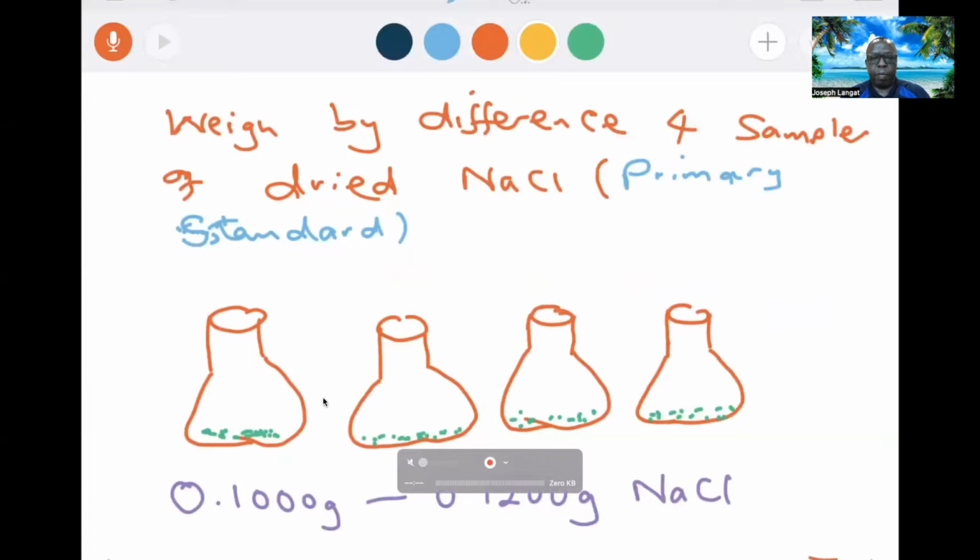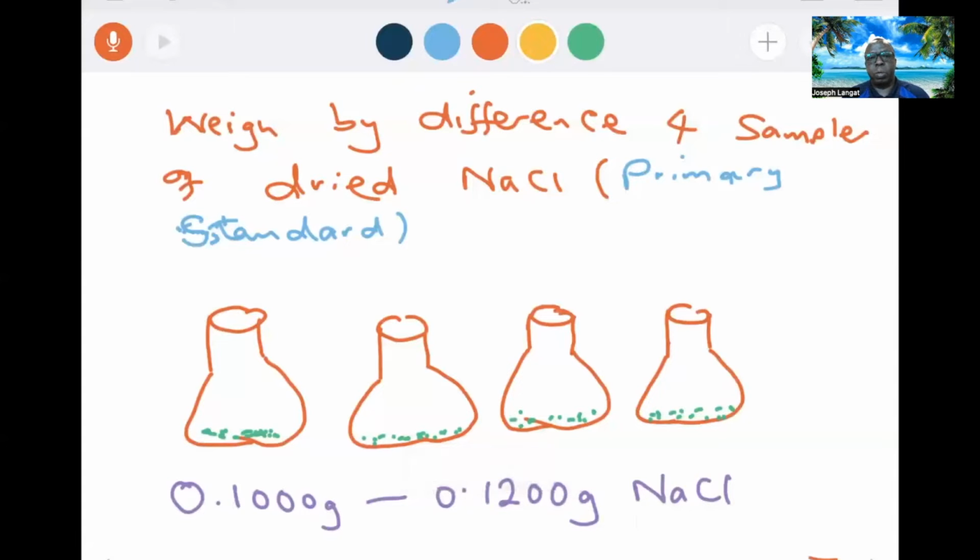For each sample in a 500 ml flask, we call sodium chloride the primary standard, which we use to standardize silver nitrate, which will be the titrant in part B, analysis of the unknown. This was the suggested mass for the sample, which you had to weigh by difference.